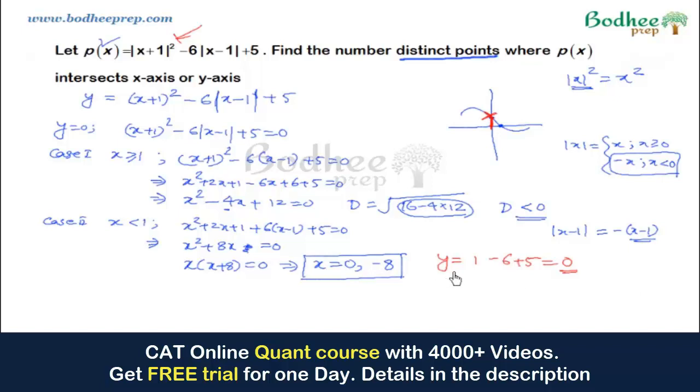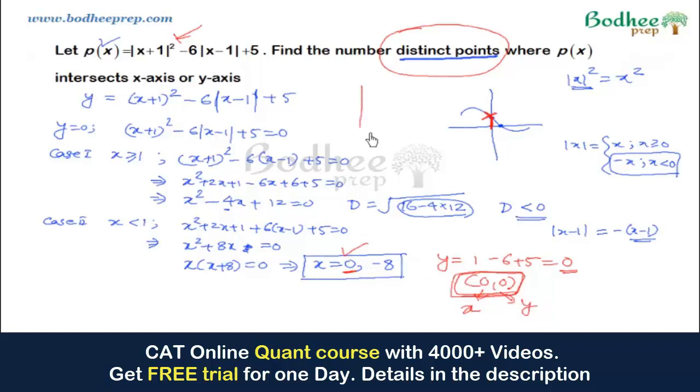So that means the point at which the graph is intersecting the y-axis is (0, 0), because I took the value of x to be 0 and we got the corresponding value of y to be 0. But here x equal to 0 has already been taken and we have been asked about the distinct points, right? So in this case we can say that this and this are the same, correct? So we have only two distinct points.